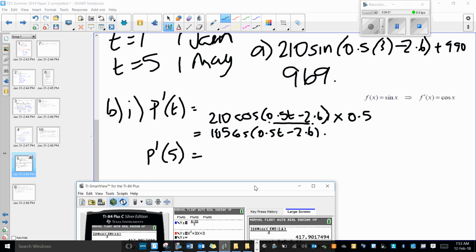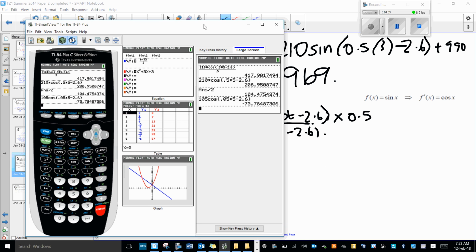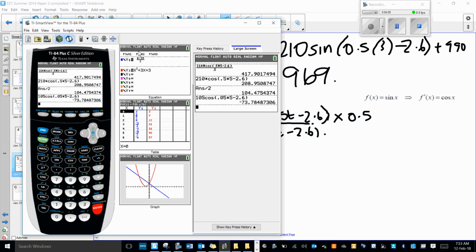What's gone wrong here? Oh, 105 cos of (0.5 times 5 minus 2.6). Because I know it can't be a negative value. There we go, 104.